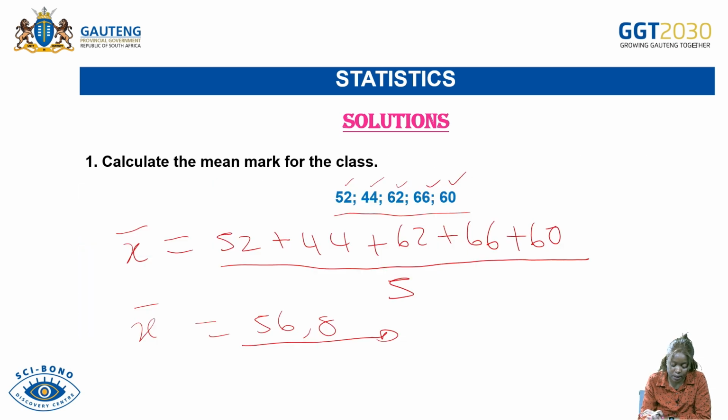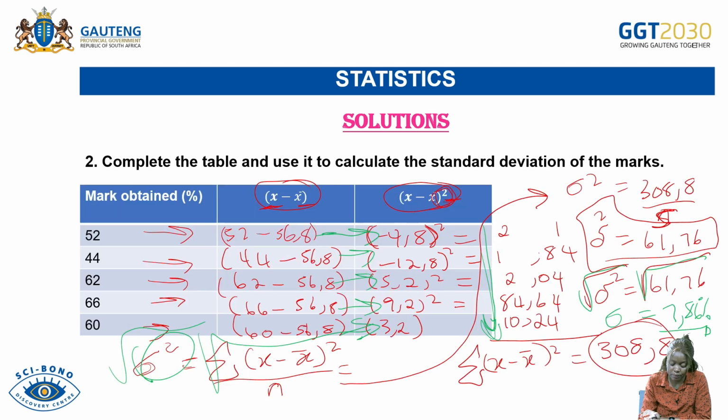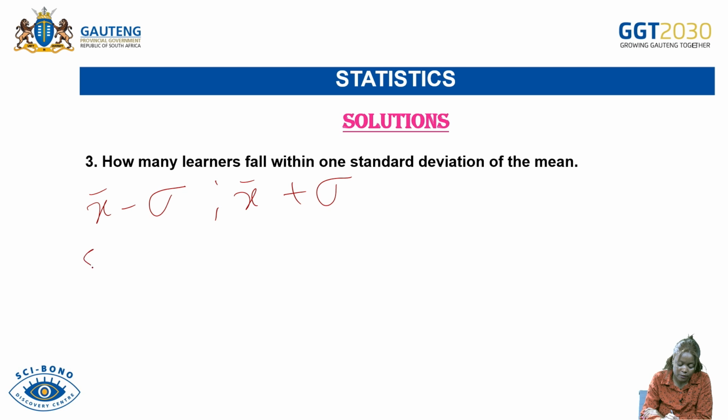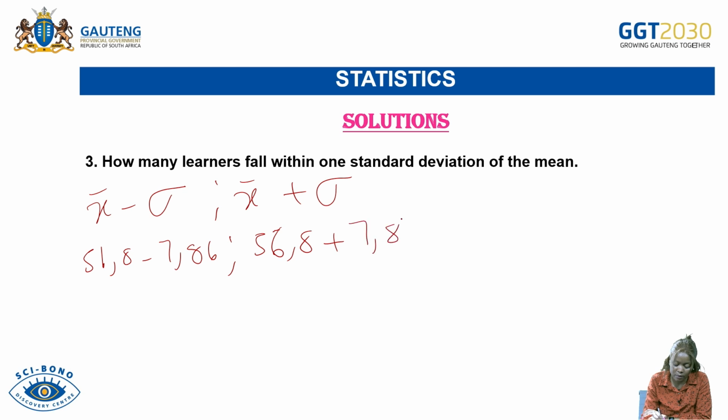So let's go back. What was our mean? We got that our mean was 56,8. Ne? So our mean, 56,8, minus our standard deviation, 7,86, up to 56,8 plus 7,86. So 56,8 minus 7,86, you'll get 48,94.